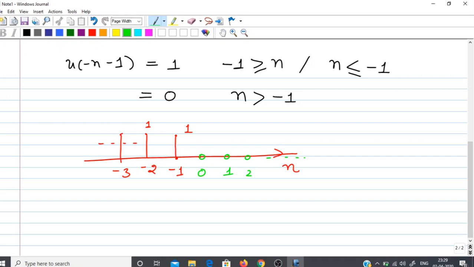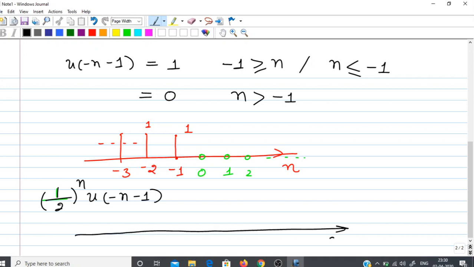Now we have to draw this sequence. Our sequence under consideration is (1/2)^n u[-n-1]. We have already seen that (1/2)^n is an exponentially decaying sequence, which we had drawn in the previous video, but again I am drawing.